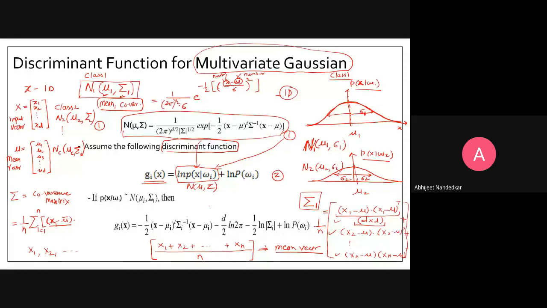Now this log you have to take for this particular group. You have to take the log of this, and I am writing the simplified version here. So this will be the log of equation number 1. Is that fine? You can check that this is the log of equation number 1.